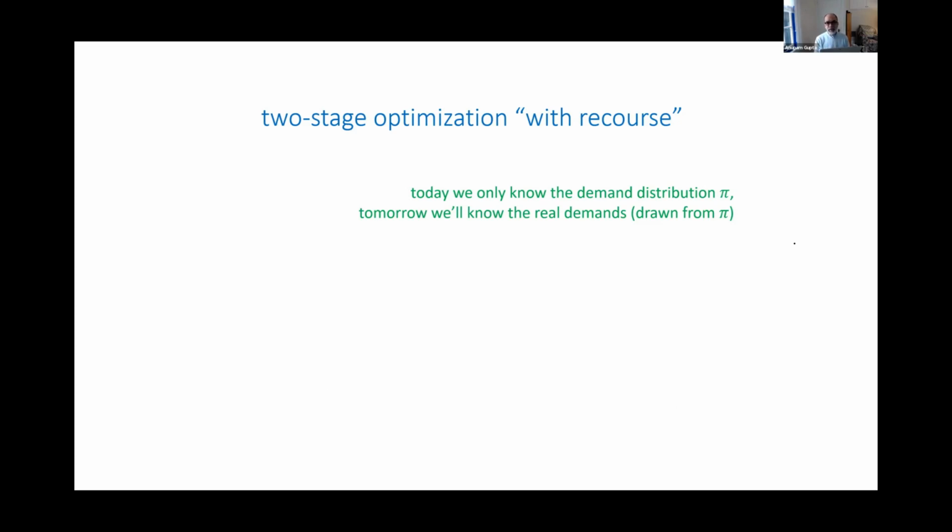Tomorrow we'll get to know the real demands, and these real demands are actually drawn from pi. Today things are cheaper, and in today's lecture things will be cheaper explicitly, but often there's an implicit cost. We'll deal with that when we come to it. Tomorrow prices go up. So you want to buy it today rather than tomorrow, but of course today you don't know the actual demand that you'll have to face. So there's a natural tension between the two things.